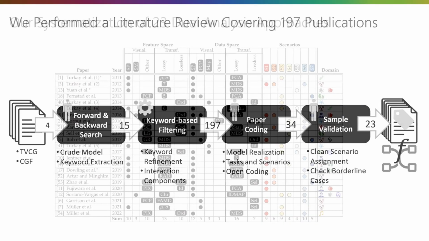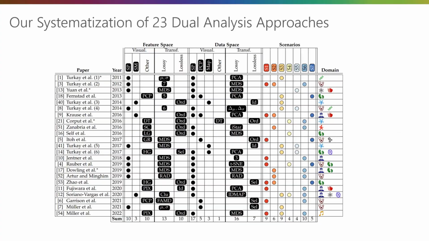In the end, we have 23 dual analysis approaches, and here you can see the basic systematization of those that you can find in the paper. We have information about the visualizations used, the transformations used for feature and data space. We also have scenarios, which I'm going to talk later about.